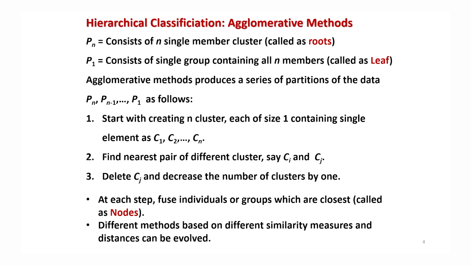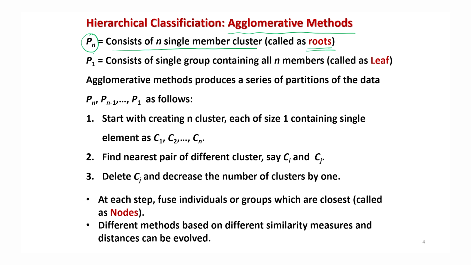So, if you try to understand, suppose I first consider the agglomerative methods, how do they work. Let me denote here by capital Pn the stage which consists of n single member clusters, which is also called the roots.